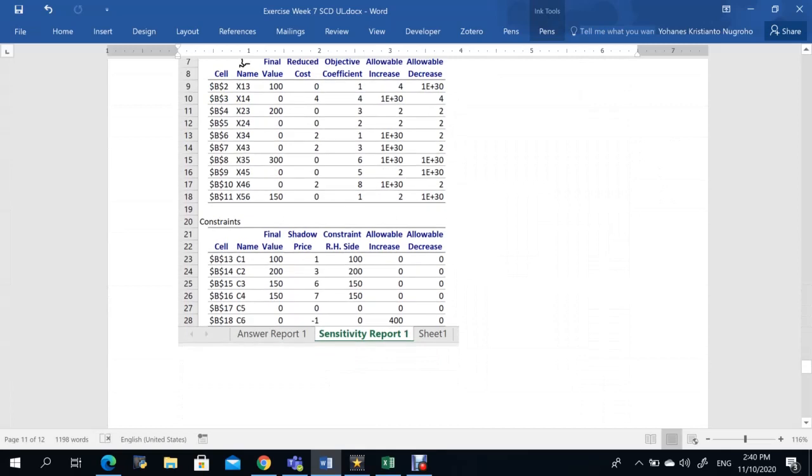And therefore the allowable increase and allowable decrease are equal to 0, right? And that's all for our lab session today.